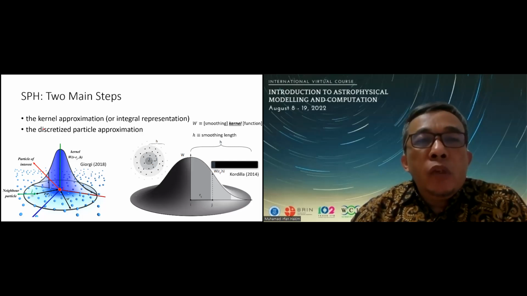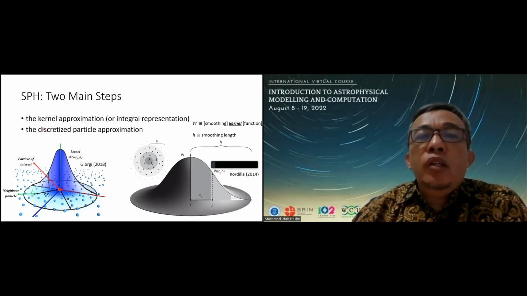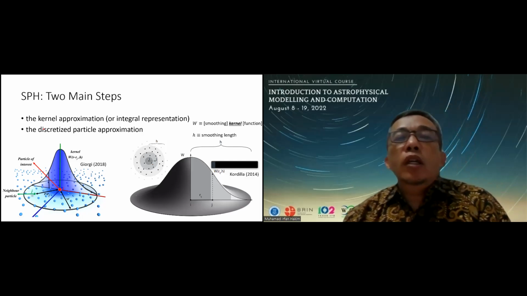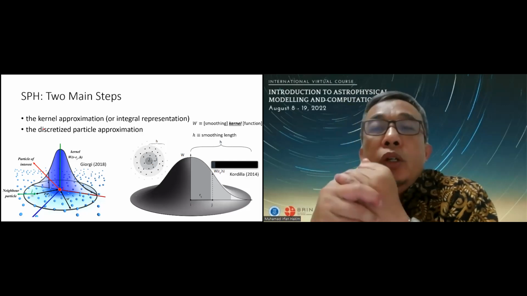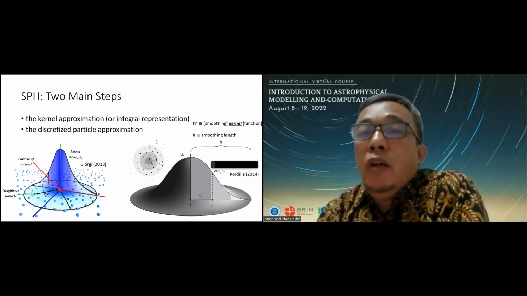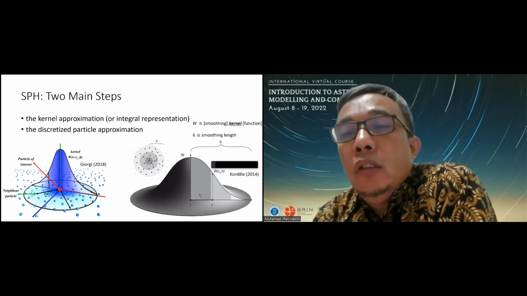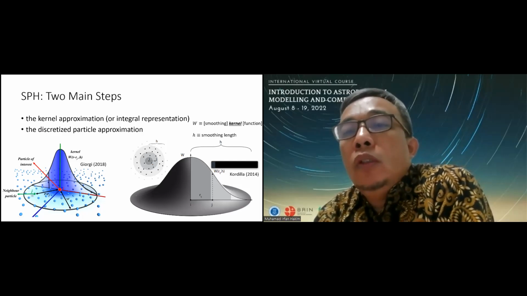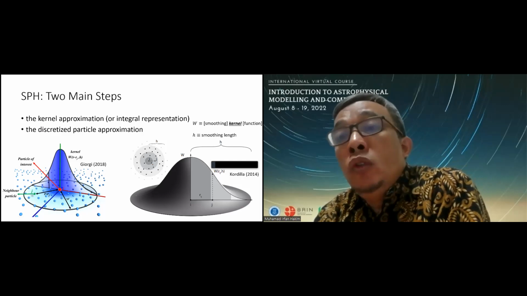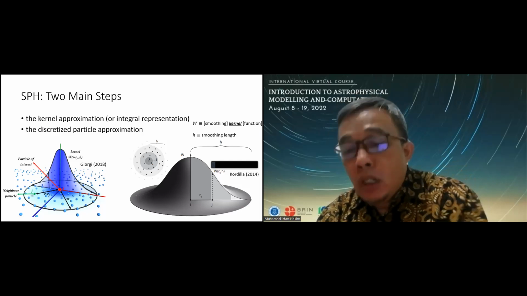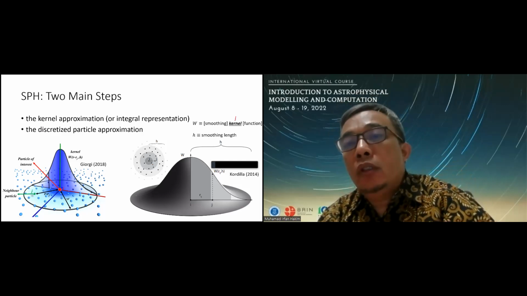The two main steps of SPH: first is the kernel approximation using integral representation. We call this kernel sometimes in a book the smoothing kernel function, or smoothing function, or kernel for short.